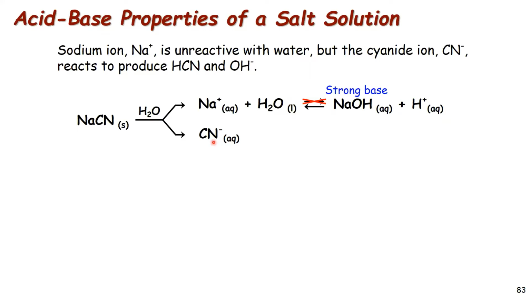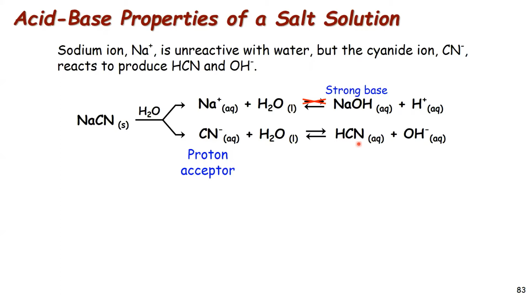The cyanide ion, on the other hand, when it reacts with water, is going to be a proton transfer reaction. A hydrogen ion is going to be transferred to the cyanide, since it's going to be the proton acceptor, and it's going to form hydrocyanic acid and the hydroxide ion.